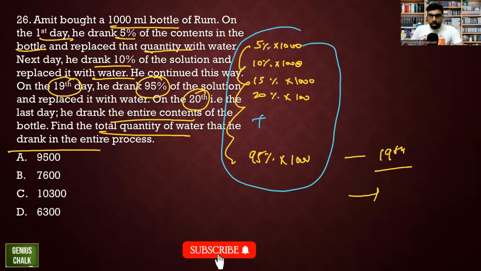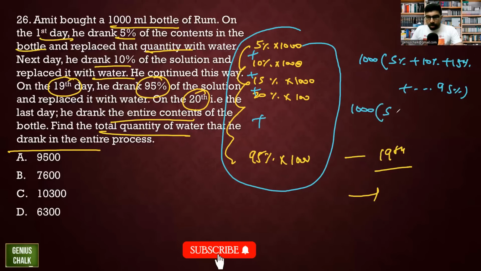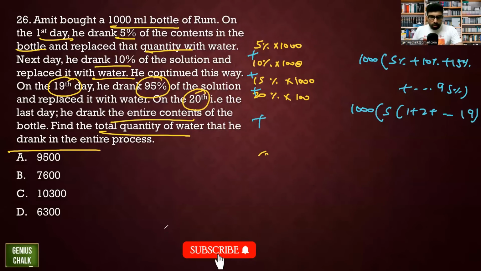So let's find it. If you add all these, that means 1000 is common, and 5% plus 10% plus 15% up to 95%. Okay, so 1000 is there. If you take 5 common, that means 1 plus 2 up to 19. So from 1 up to 19, you have to check what is the total sum, guys. 1000 I have already taken common, 5 I have already taken common, 1 to 19.